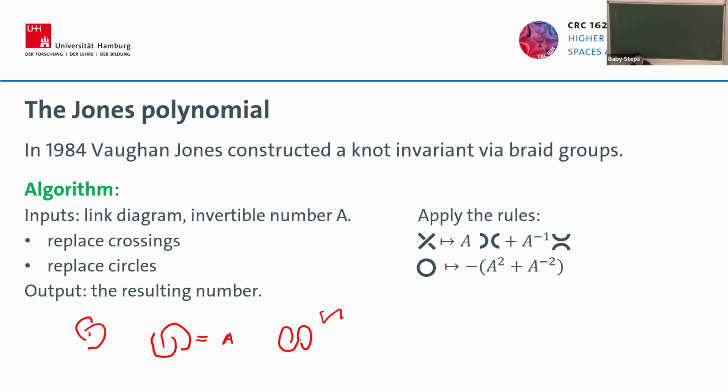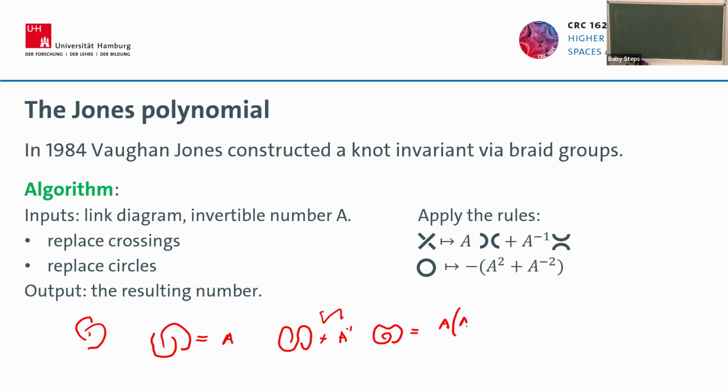That picture. And then I get A inverse times, if I replace it in another way, it's going to look like this if I do it correctly. Make sense? Okay. These diagrams still have one crossing, so I can play the same game again. For the first one, I'm going to take A times some other stuff.